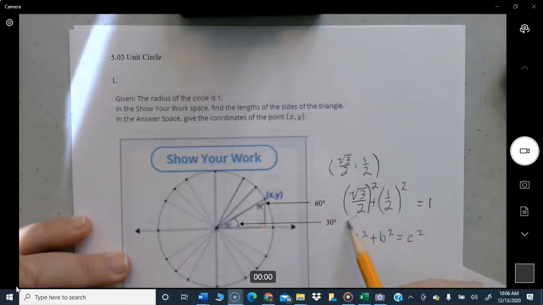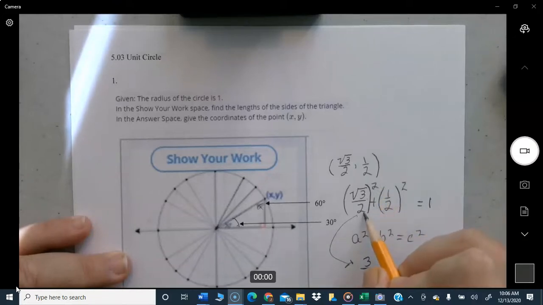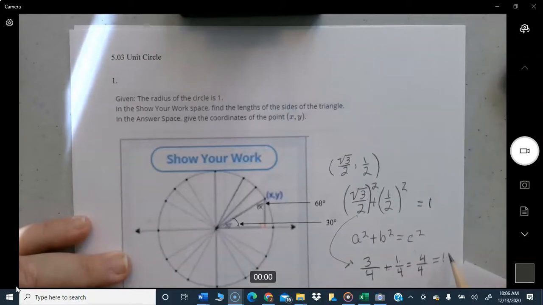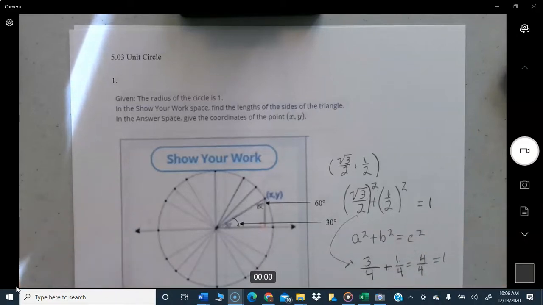Okay, and let me move down there. So the square root of 3 squared is 3, and 2 squared is 4, 1 squared is 1, and 2 squared is 4. So 3 plus 1 is 4 over 4, which equals 1. That's what we said it had to equal. Okay, so that's the only work you really would need to show for that.